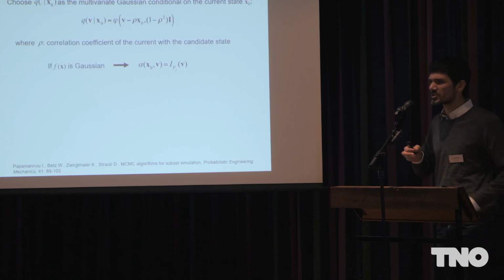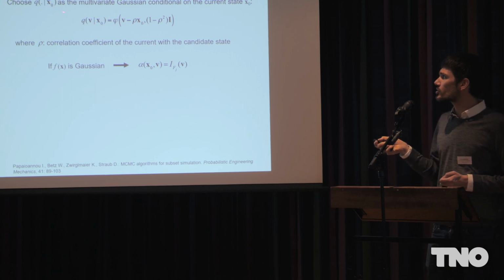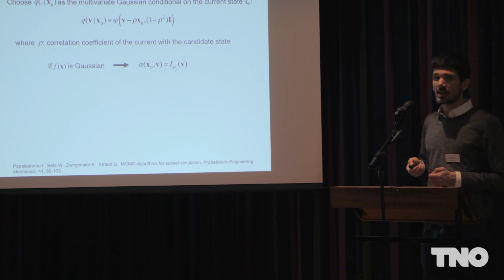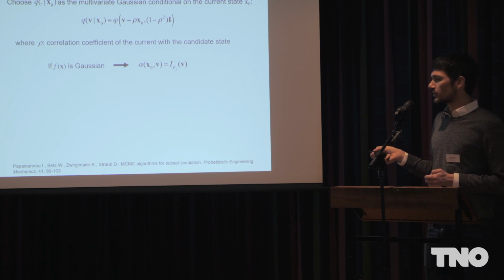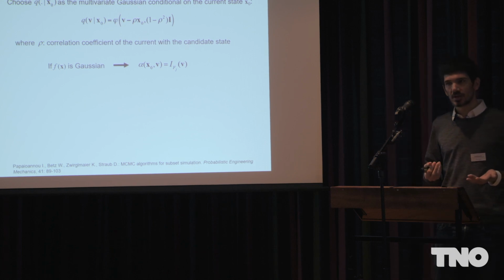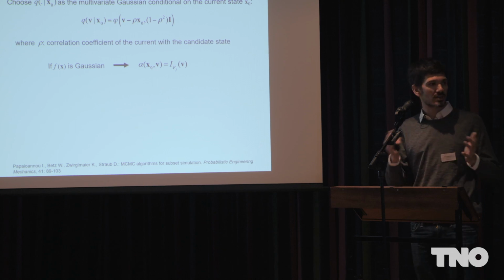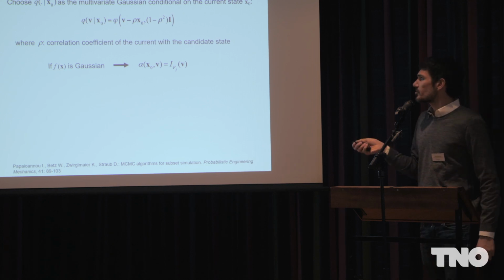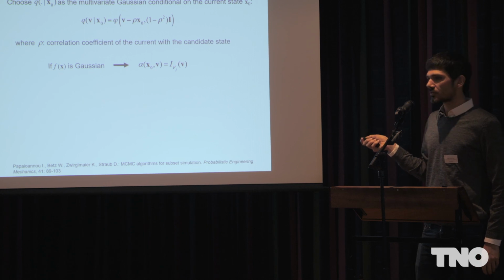In this algorithm, it's very simple. What you need to do is choose as proposal distribution a multivariate Gaussian conditional on the current state of the chain. If your distribution of the random variables is Gaussian, which is typically the case for the reliability problems we're working on, even if it's not the case, we can transform to what we call an equivalent Gaussian space. Then the acceptance rate equals the indicator function.